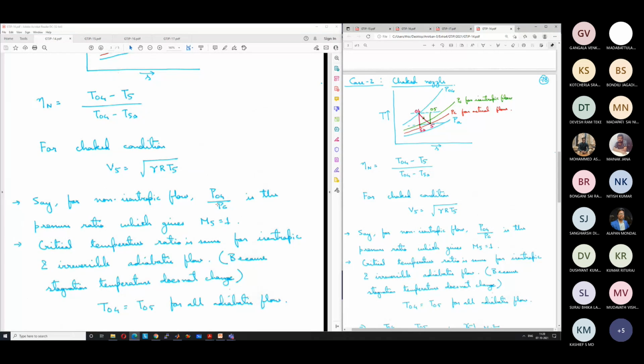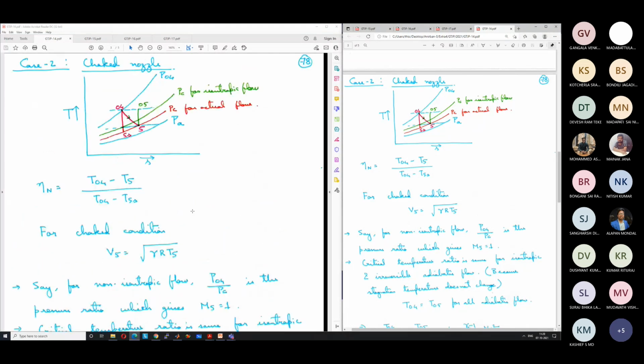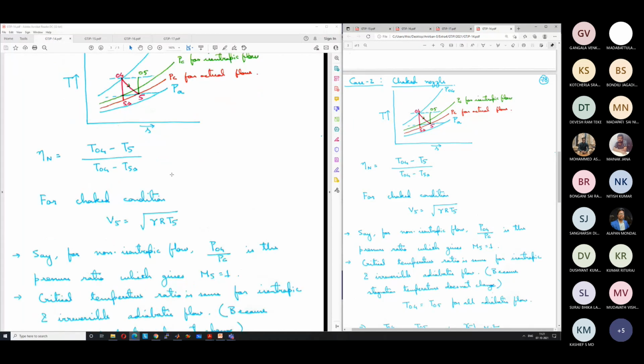Now we also need to find the pressure, because there will be a certain pressure thrust. So we need to find what will be P5. For finding P5, we have discussed that, say for non-isentropic flow, P04 by Pc is the pressure ratio, which gives M5, M5 equal to 1.